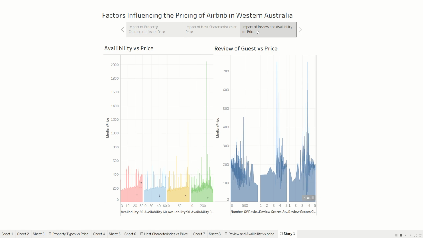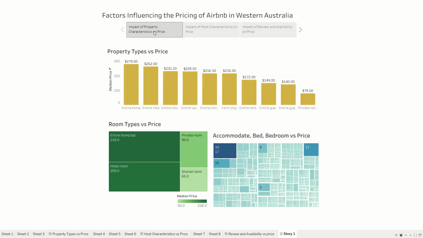Based on that, I recommend several points. Hosts should invest in high value property features such as luxury furniture, enhanced sleeping capacity and privacy. Airbnb can add this as a search filter on the platform for tourists.